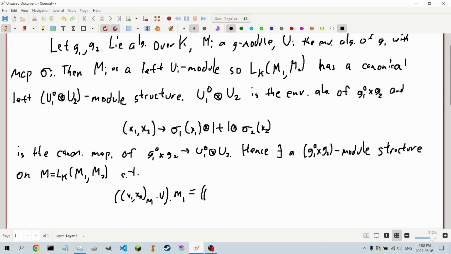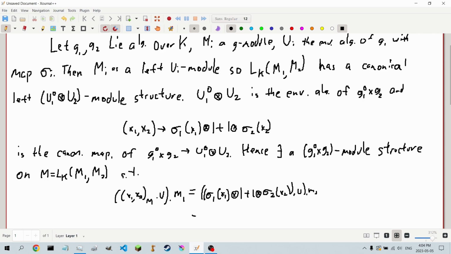is equal to sigma 1 x1 tensor 1 plus 1 tensor sigma 2 x2. This is going to act on U, which is itself going to act on M1.